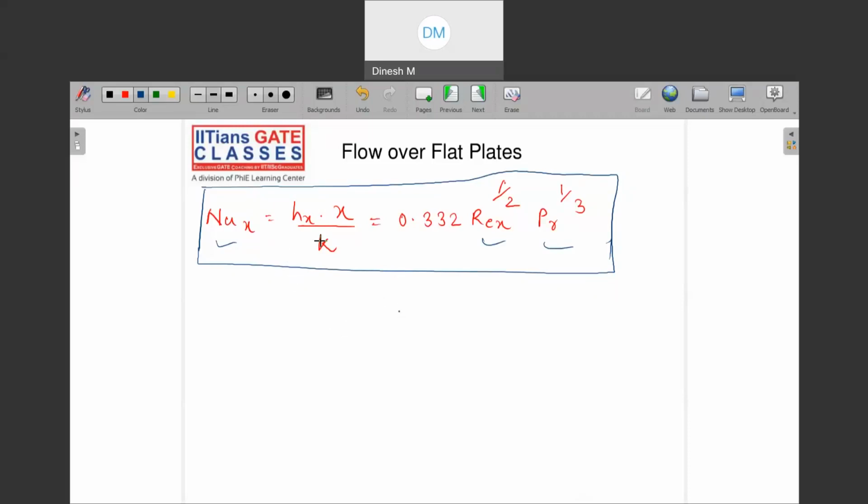So your Nusselt number is a function of whom? Reynolds number and Prandtl number, and we are able to judge what that relationship is, okay?